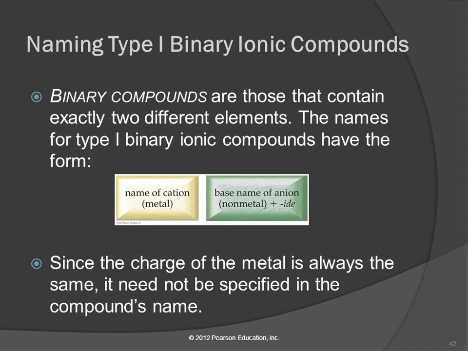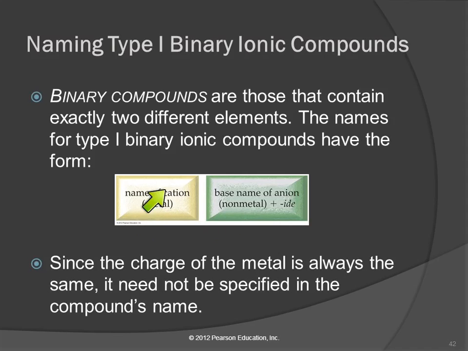So when we name these compounds, we're first going to look at binary ionic compounds, where we just have 2 elements. That's what binary means, 2. 2 different elements. And so to name a compound like this, we just name the metal first, and then we name the nonmetal. Now, just like in traditional marriage, the woman changes her last name, right?